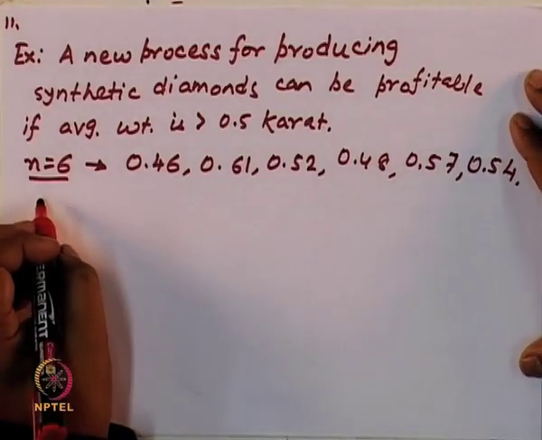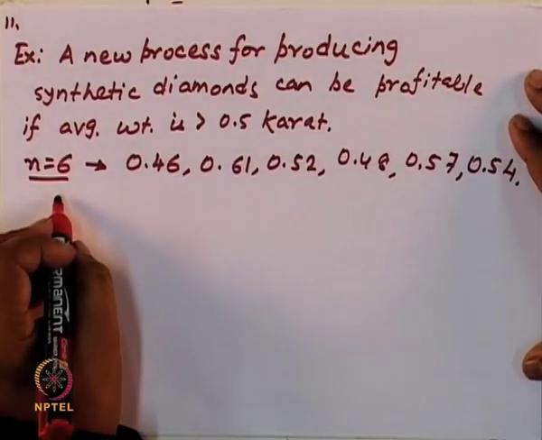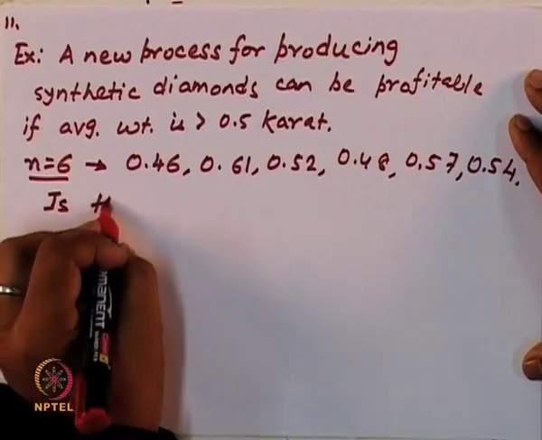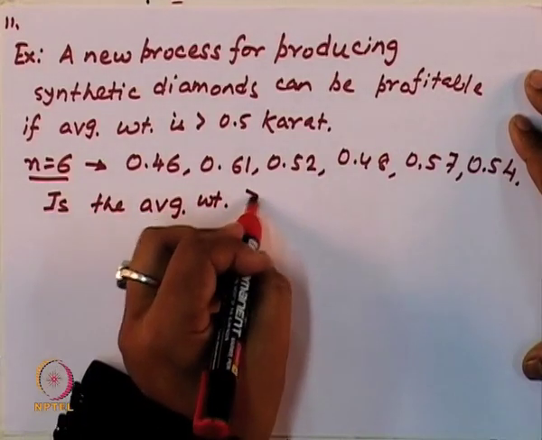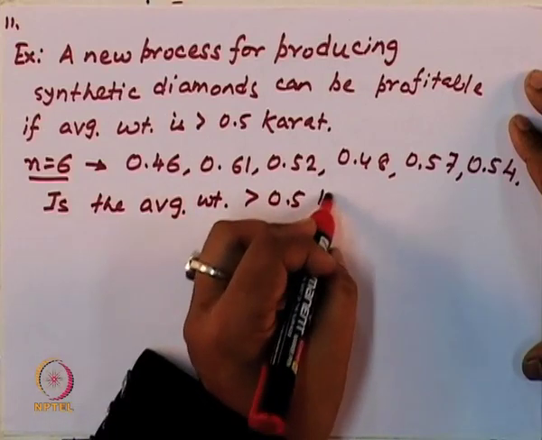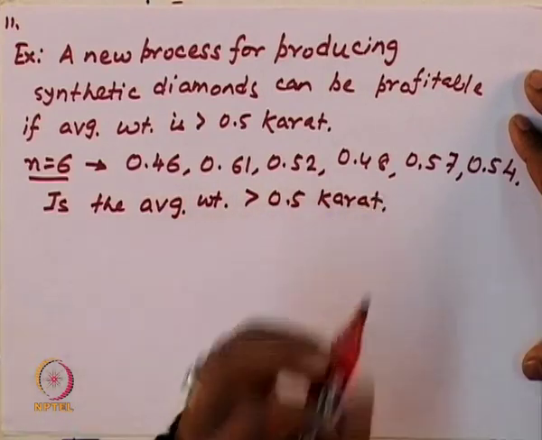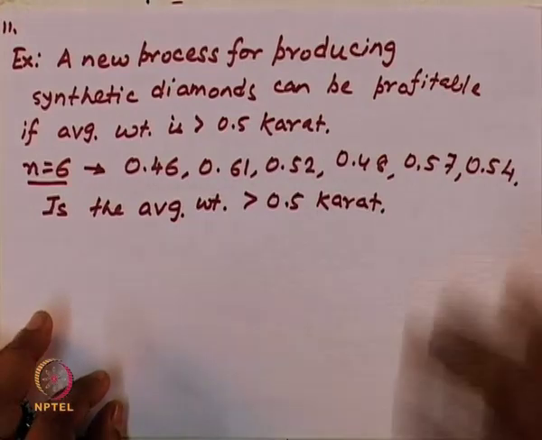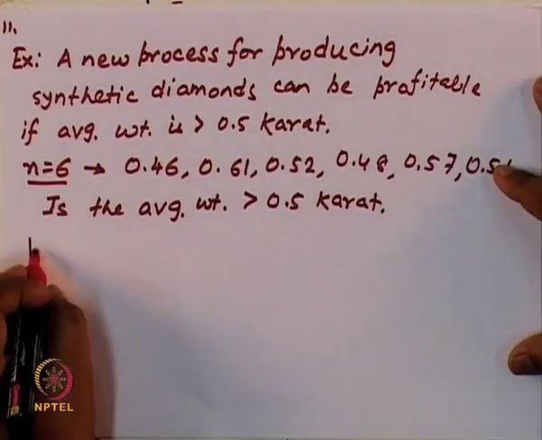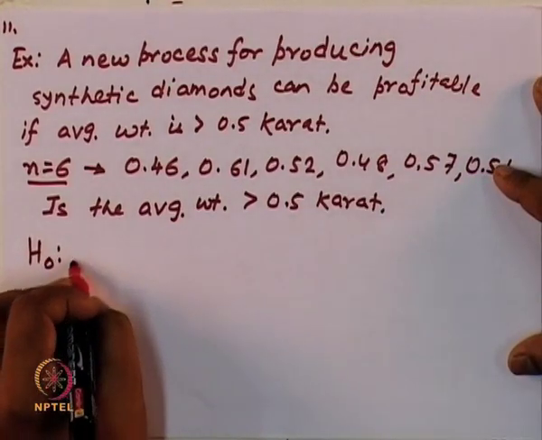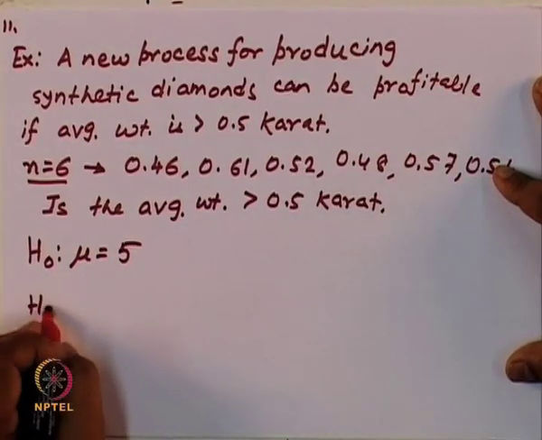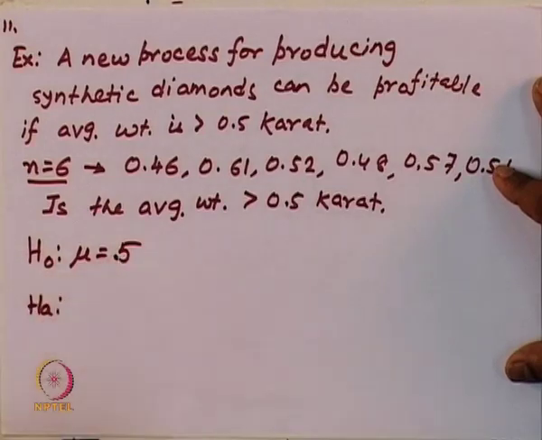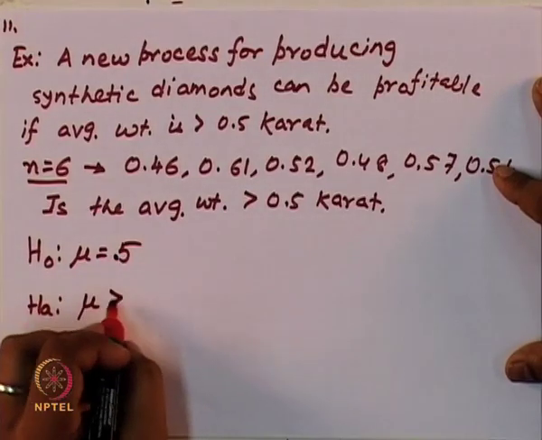Based on this, you want to know whether the average weight is greater than 0.5 carat. How will you solve this problem? You begin with your null hypothesis, which is mu equal to 0.5. Your alternate hypothesis is mu greater than 0.5.